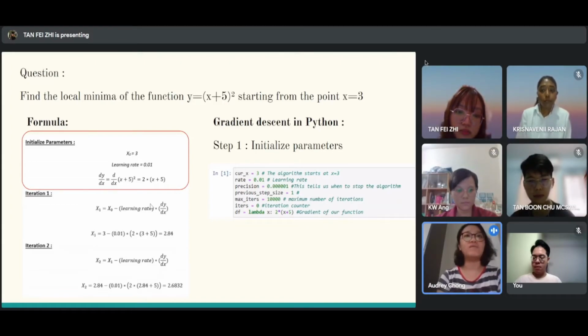And for the gradient descent in Python, you can see that first we have initialized the parameters with the number 3 as the starting point and the rate as 0.01.